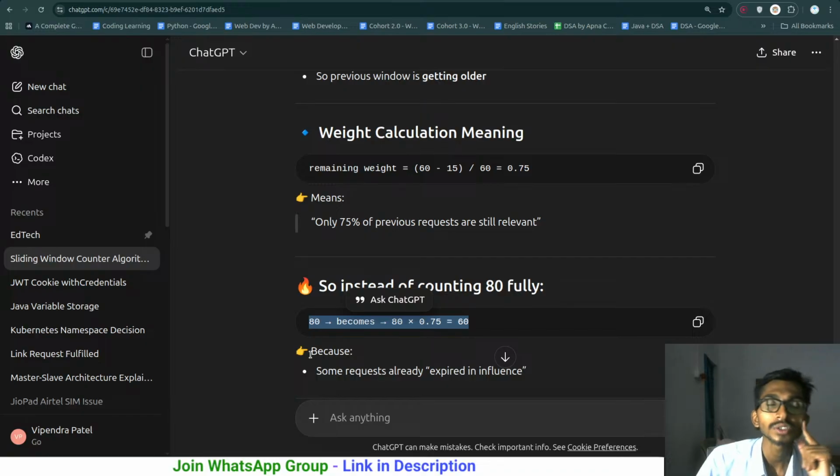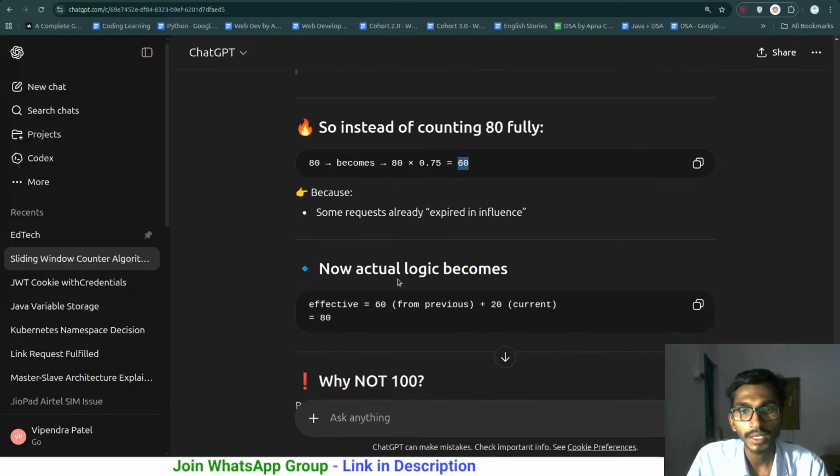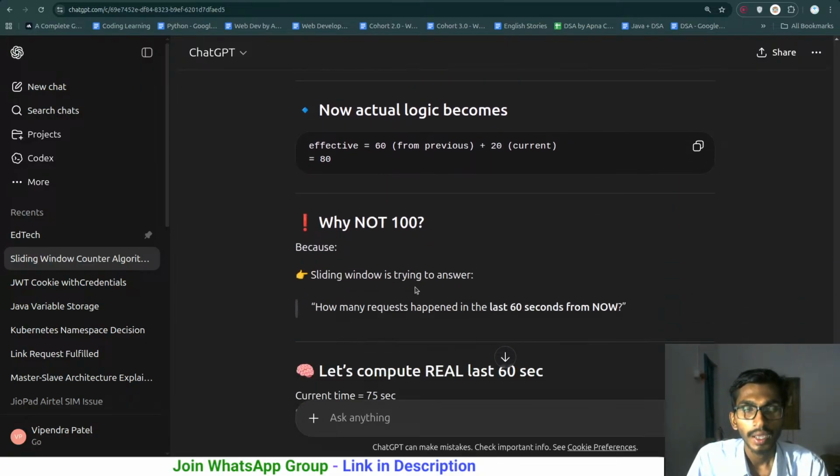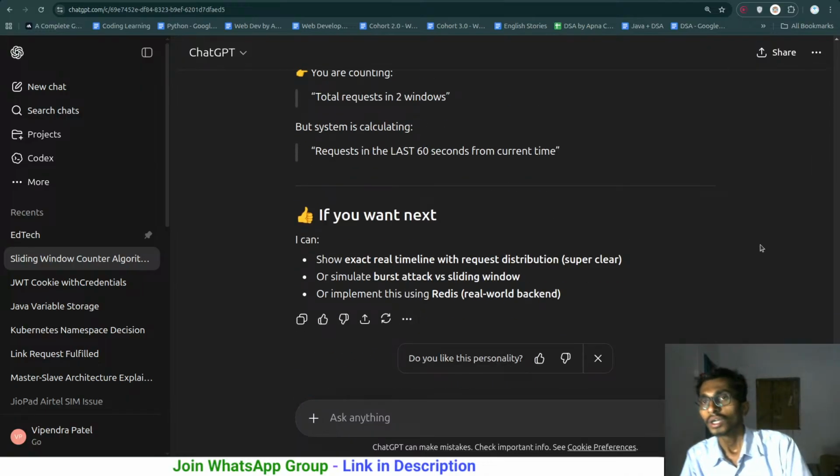If I have 80 requests but only 75% is in the window, the overall calculation is like this, and 60 requests are still valid in the window. Some requests have already expired in influence, and hence the total is already less than 100, and the new request is going to be allowed. Got it? So this is how it works.